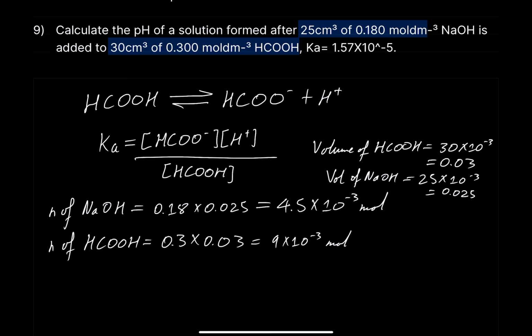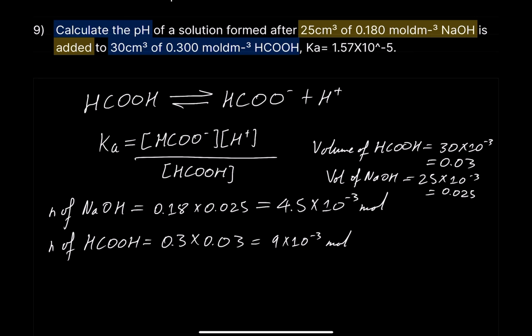All right, so we have a solution of methanoic acid, and we're trying to calculate the pH of the solution formed after we add 25 centimeters cubed of 0.18 moles per dm cubed sodium hydroxide. So we've added that.